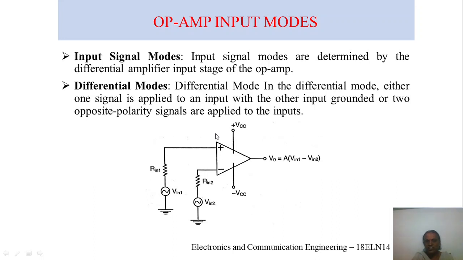The first block was the differential amplifier, the second block was the high gain stage, the third block was the buffer or level shifter, and finally the driver block. So, 4 blocks, and the first block is a differential amplifier. There the inputs are given. So the input signal modes are determined by the differential amplifier input stage of an op-amp.